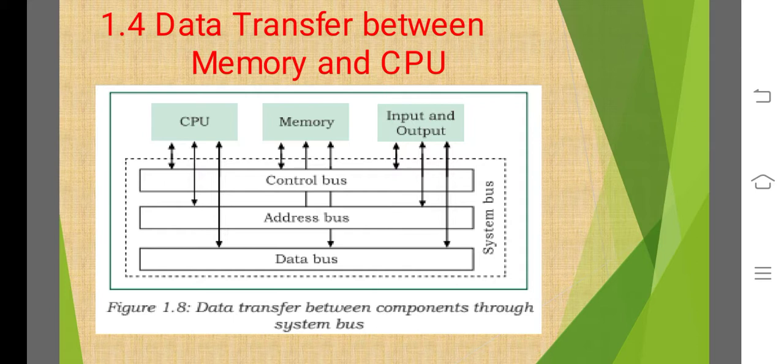Data are transferred between different components of a computer system using physical wires called buses. See here in this figure, so many buses are there: control bus, address bus, data bus, system bus. Bus is used for data transfer between USB ports and hard disk, or between a hard disk drive and a main memory.